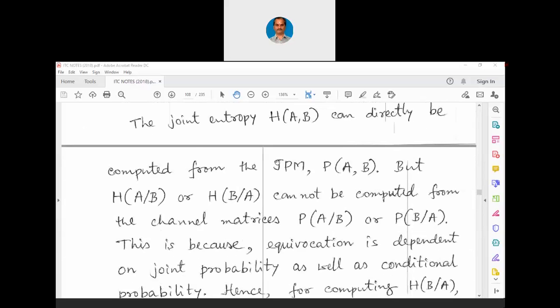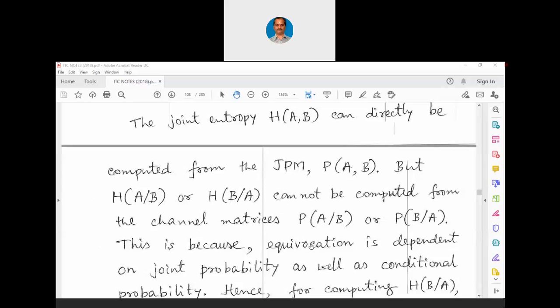Now, continuing, the joint entropy H(A,B) can directly be computed from the JPM P(A,B). But H(A/B) or H(B/A) cannot be computed from the channel matrices P(A/B) or P(B/A). The channel matrices contain only the conditional probabilities, right?